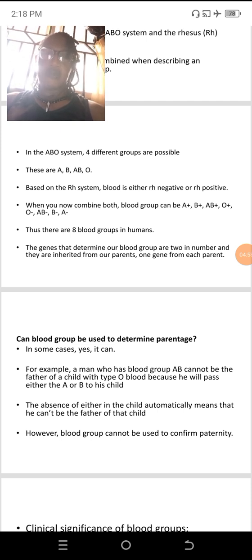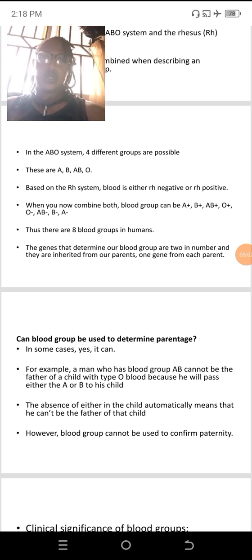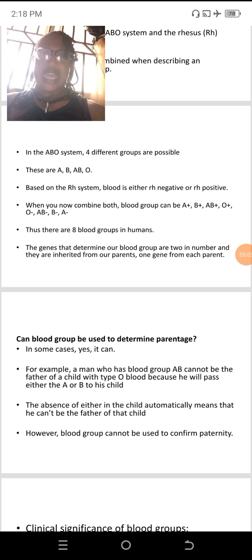One thing we must mention is that blood group cannot be used to confirm paternity, but in some cases, it can be used to exclude a man as the father of the baby.